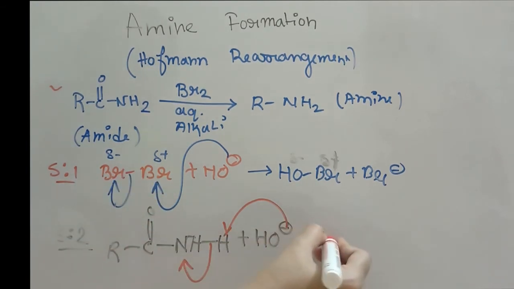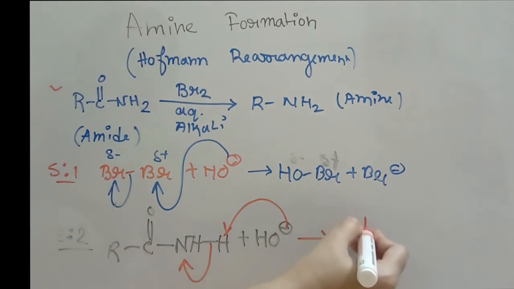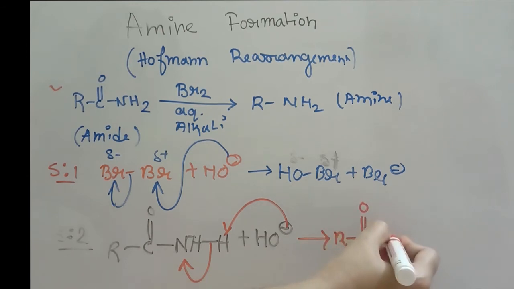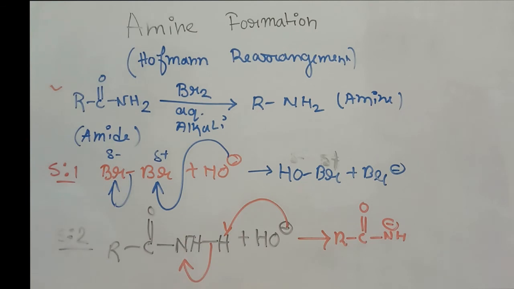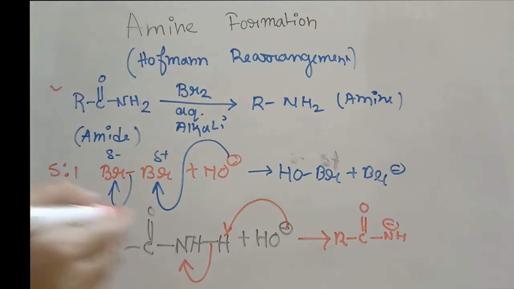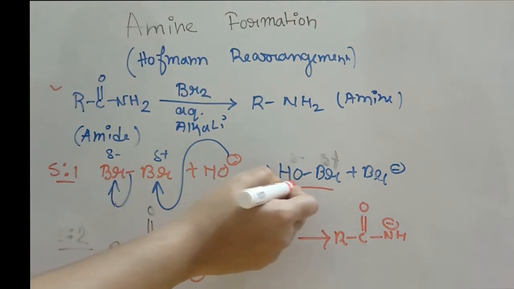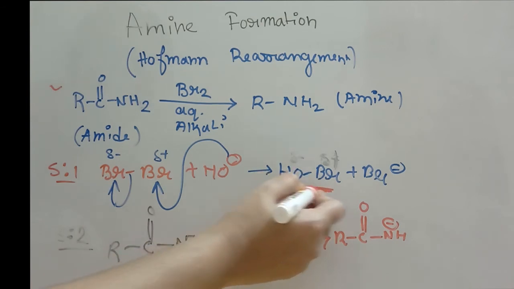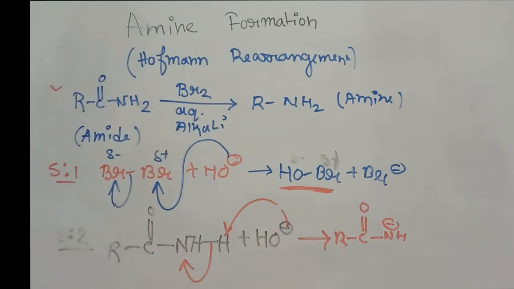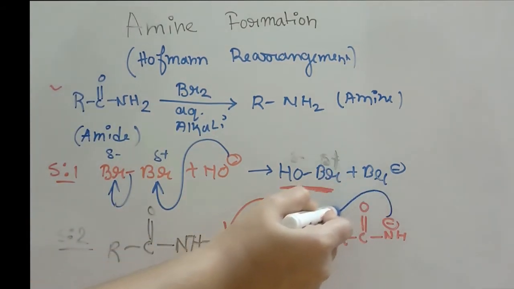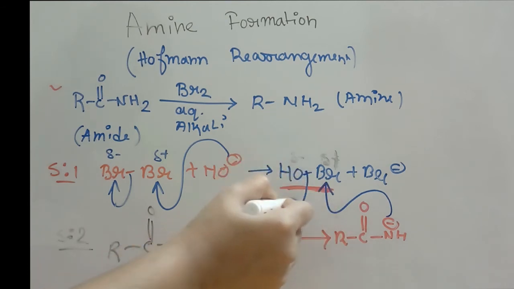It will form RCONH negative. Now we have HOBr. The negative charge of nitrogen will attack the delta positive bromine, and this bond will break.